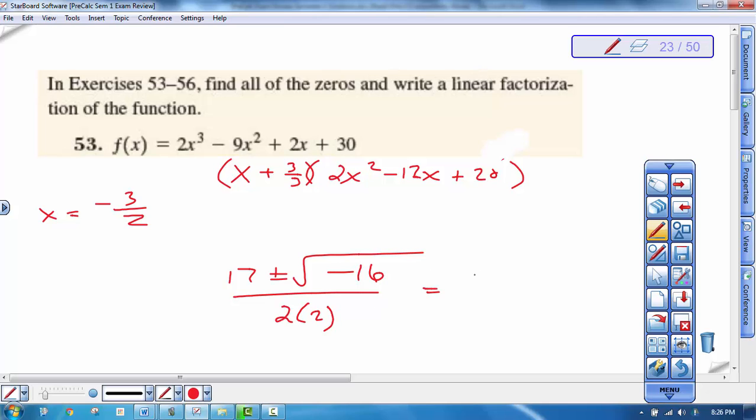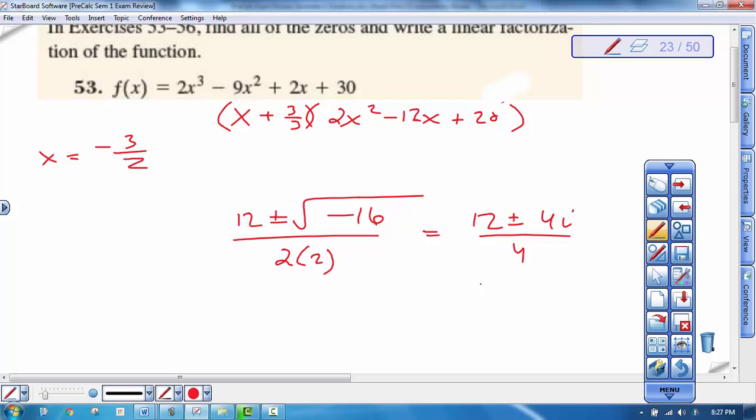And I can rewrite this as 12 plus or minus 4i all over 4. And this is 12, not 17. And then I can simplify this. 4 goes into 12 3 times and goes into 4 once, so it'd be 3 plus or minus i.